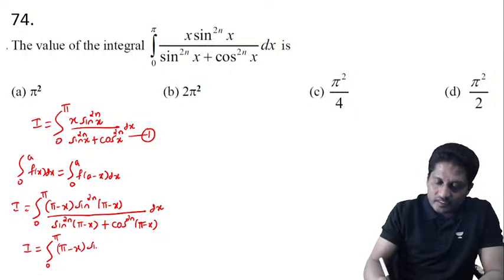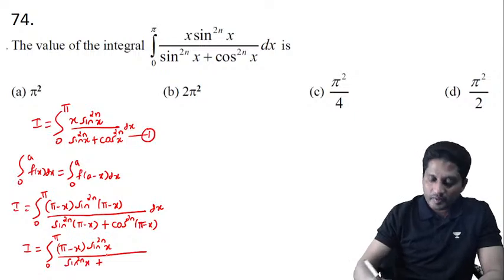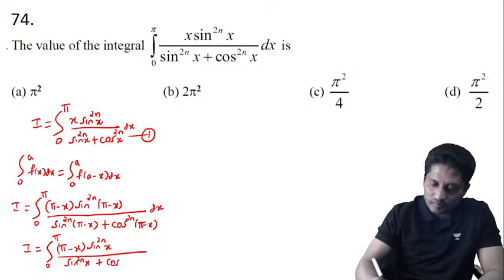Sine of pi minus x is sin x only, so this is sine to the power of 2n of x. Cos of pi minus x is minus cos x, but power is 2n, so this becomes cos to the power of 2n x.